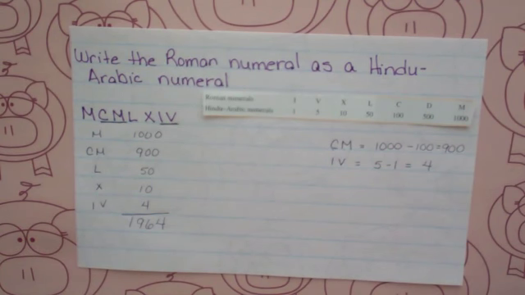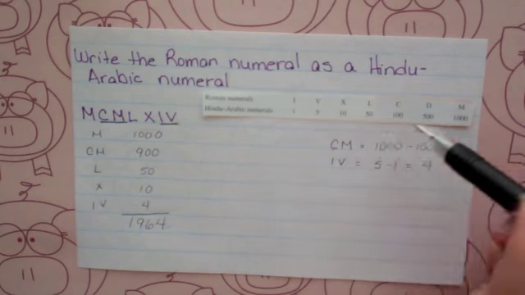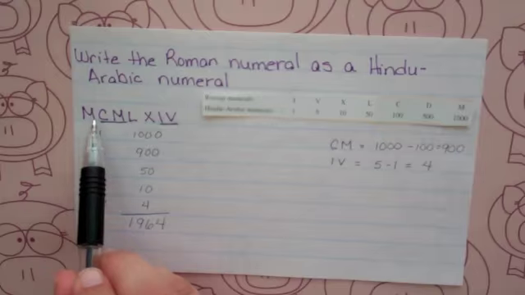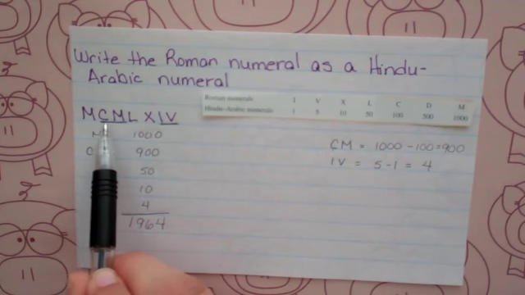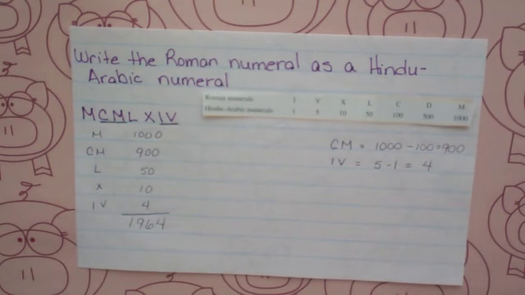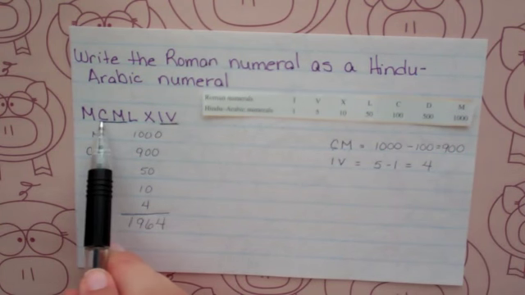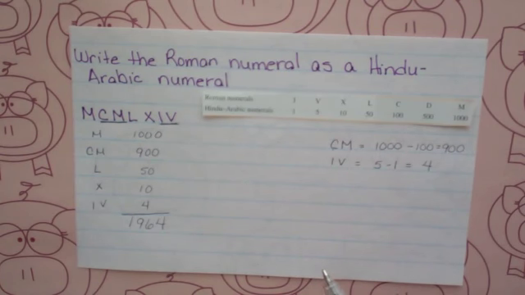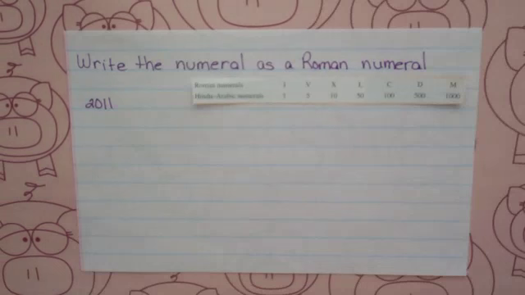Again, with Roman numerals, the letters should always occur from highest to lowest. If one of these is reversed, for example, we went from M to C and back to M, that means these two must be paired together. When you see them like this, that means you subtract the values from each other.